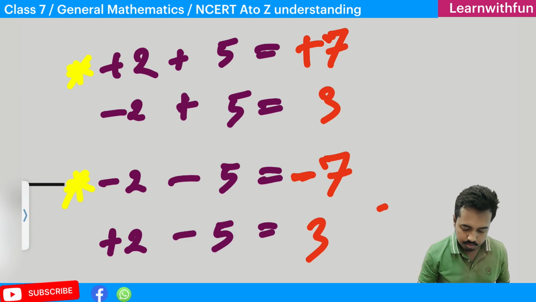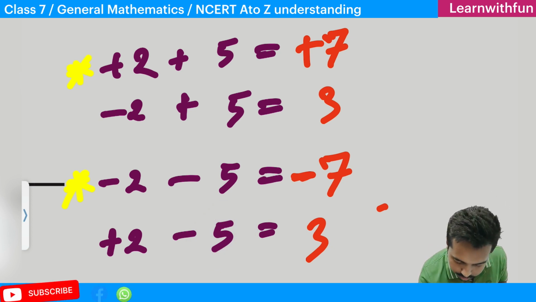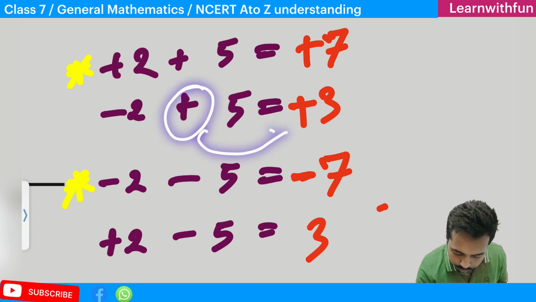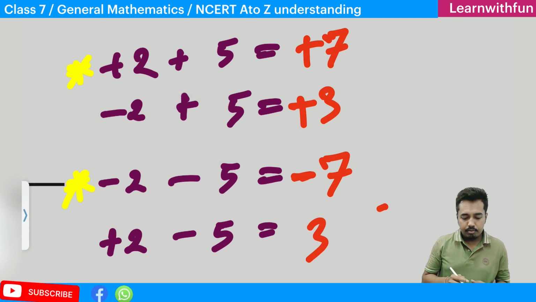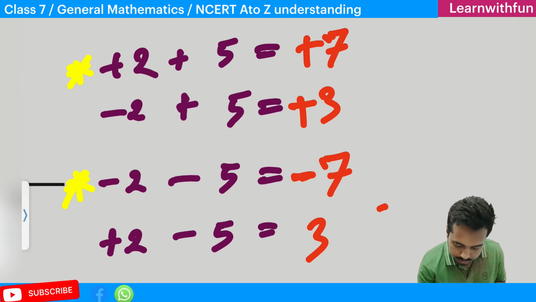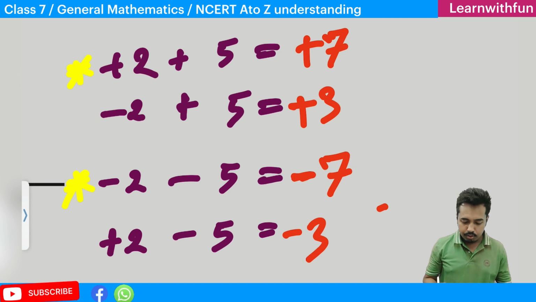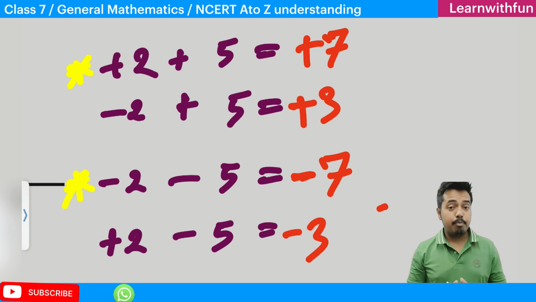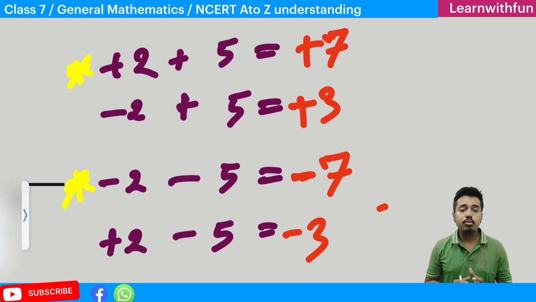So you will put a positive sign before 3, which came from the sign before the larger number, 5. And you will put a negative sign here before 3, because the sign before 5 is negative. So these are the basic concepts when you add two integers, right?